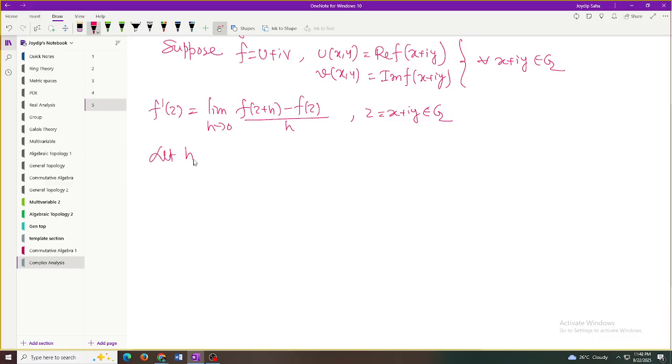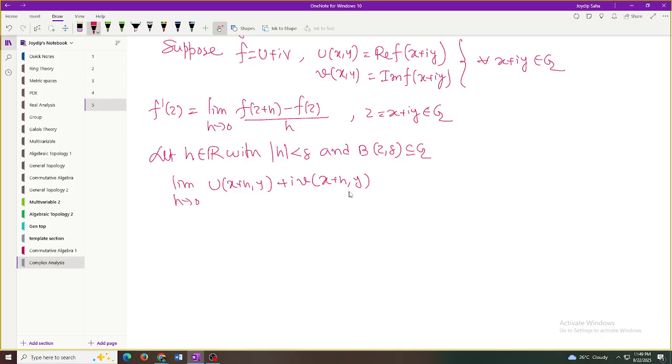Let h belong to R with z plus h in G. The limit as h tends to 0 of u(x plus h, y) plus i v(x plus h, y) minus u(x,y) minus i v(x,y), over h.